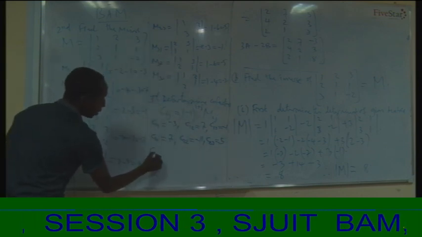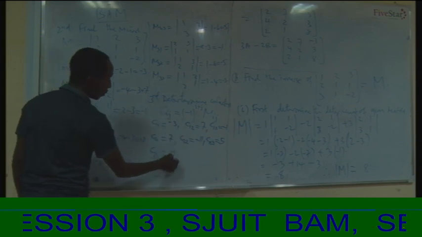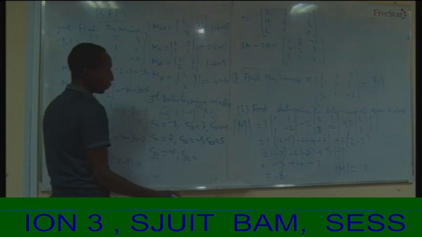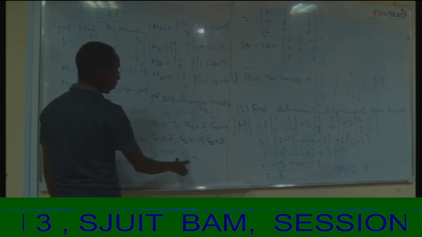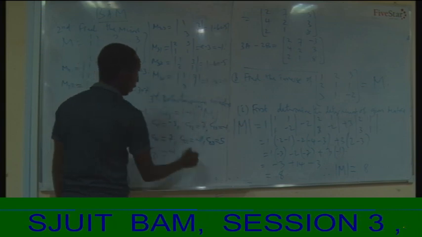And C31, 3 plus 1 is 4, positive, so it does not change the sign, negative 1. C32 will be equal to 3 plus 2 is 5, 5 is odd, so negative times negative becomes positive.